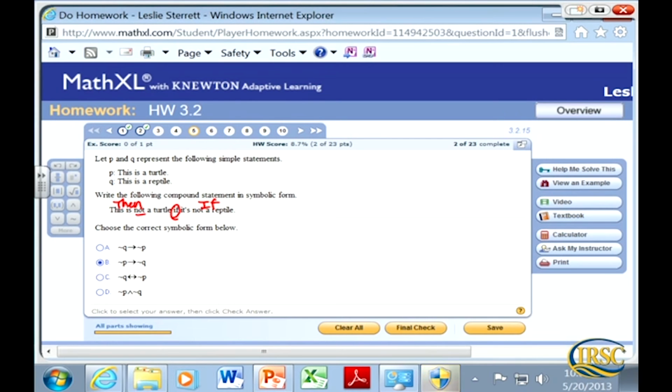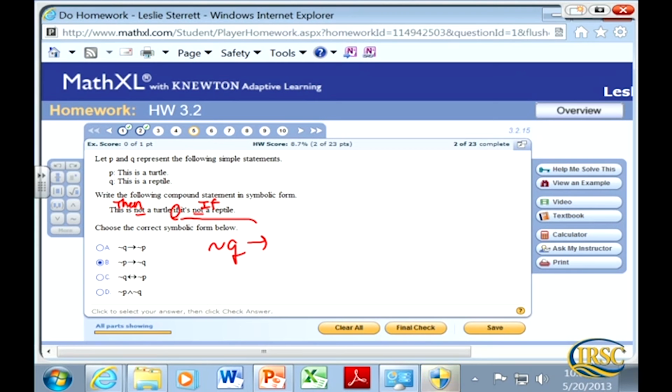And when you're writing these symbolically, the if part has to be written first. It has to be if on the left, then on the right. So therefore, this is the part that has to be written first symbolically. So if it's not a reptile means that reptile is Q, and you have not, forgot to underline that word, not a reptile. So not Q has to come first.